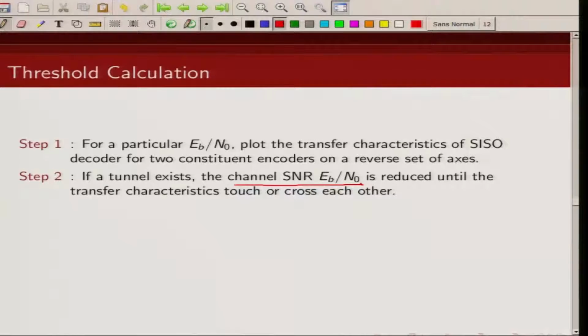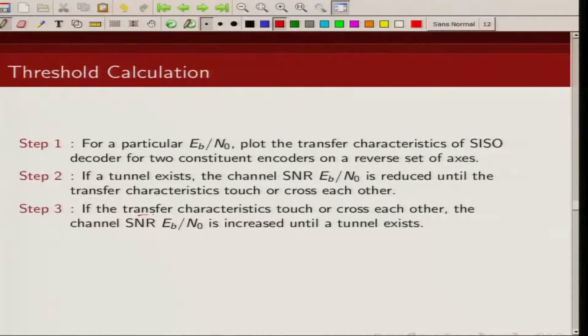So, what is the effect of channel SNR? As you reduce the channel SNR, these transfer characteristics which have been plotted on reverse axes come closer. So, the smallest SNR for which there is still a tunnel, that is your decoding threshold for that particular code.